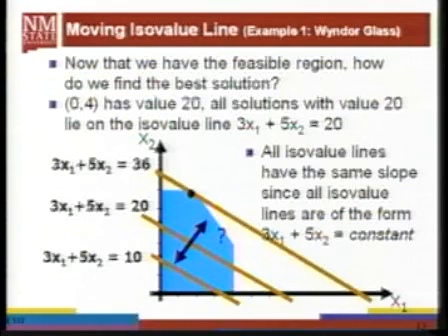Likewise, the objective function z will increase if we move in a direction for which both x1 and x2 increase. So we can construct another iso-value line by moving parallel to this line in the northeast direction, right? And now we know the optimal value of 36 for this problem would be found with the iso-value line touching the feasible region, okay?